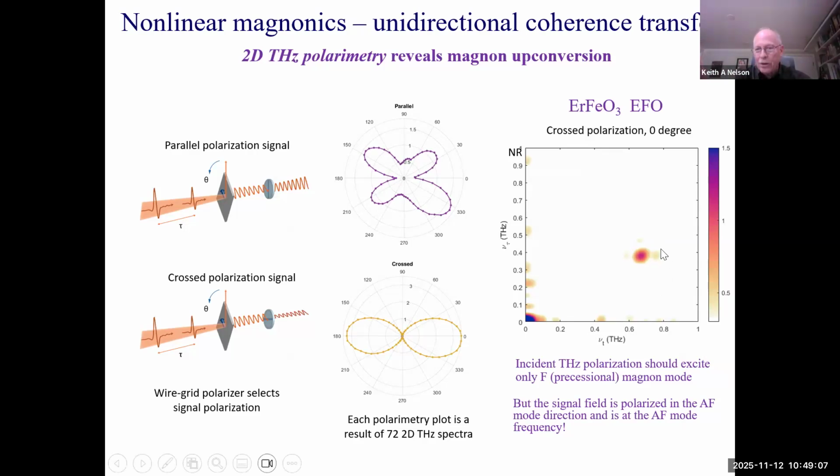And it's only present if we drive the precessional mode and detect the other mode. If we drive the other mode and look in the direction of the precessional mode, we don't see anything. In other words, there's a nonlinear coupling here, but it only goes in one direction. And it's actually not hard to understand.